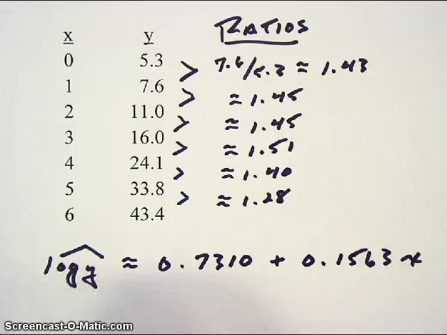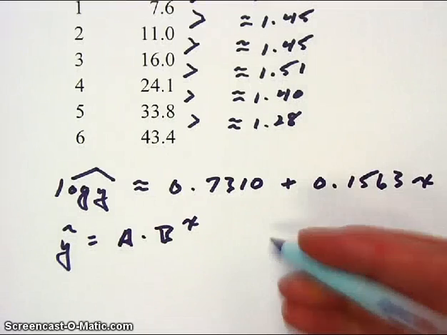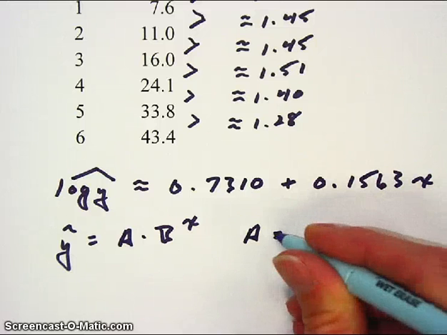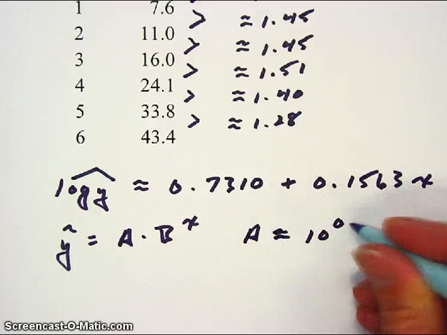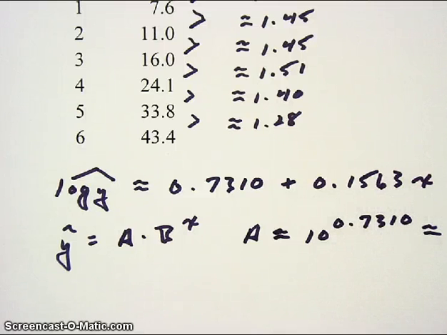Now the way we do that is we want to get a model that looks like y hat equals capital A times capital B to the x. Now to get capital A, we're going to take 10 to that power right there, approximately equal to 10 to the 0.7310 power, and we get approximately 5.3827.